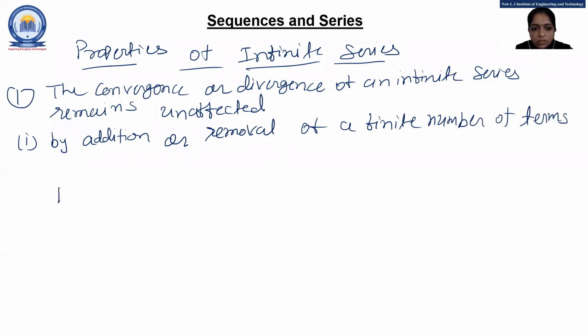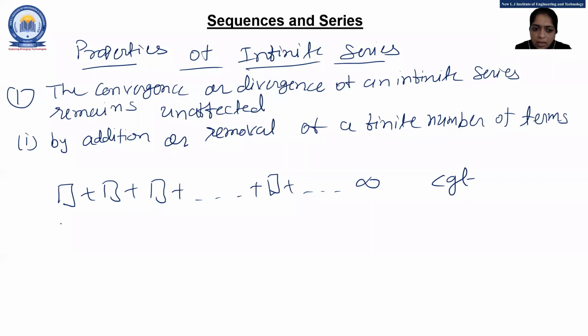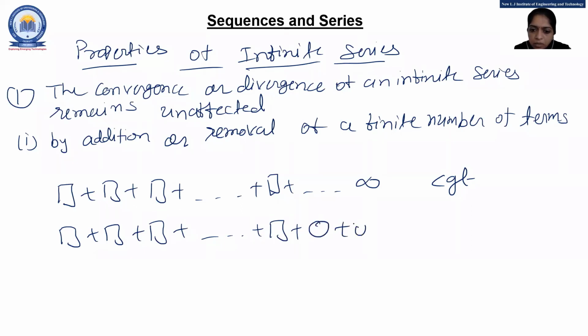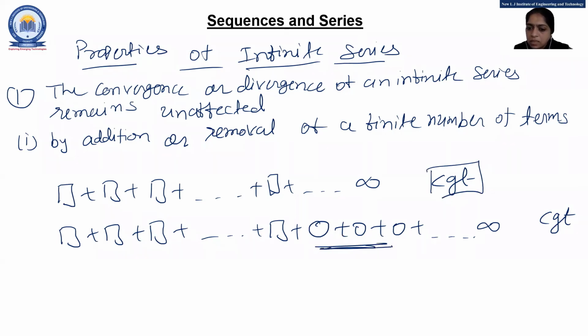Suppose we have an infinite series and this series is convergent. Now, if we add some finite number of terms in this series, then this series also remains convergent.